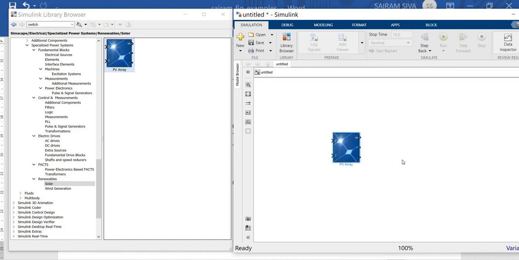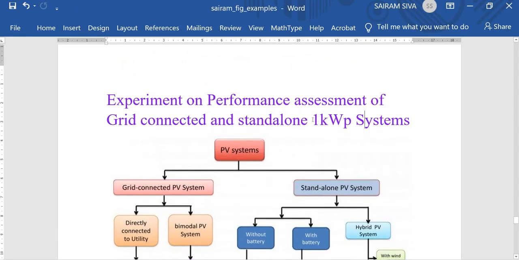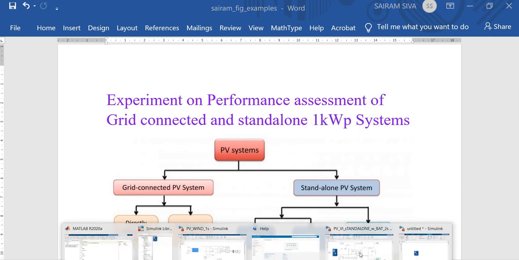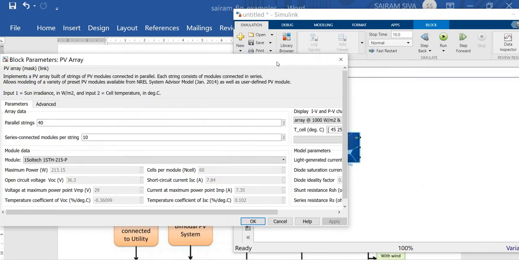In our experiment, the requirement is 1 kilowatt peak power. Now we are going to fix this 1 kilowatt peak power in this module. How are we going to set this value?